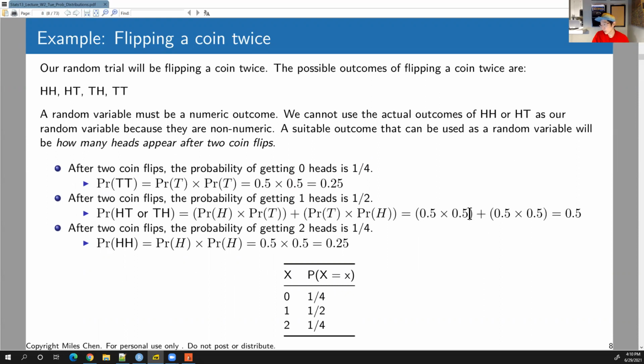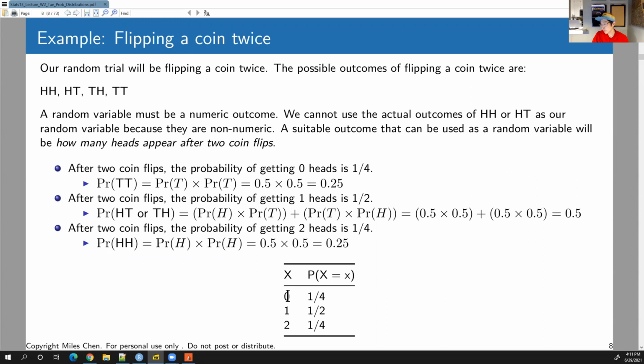Each of those has a probability of 0.5 times 0.5. So I'm going to add the probability of heads, tails with the probability of tails, heads. Those 2 things add up to 0.5 or 1/2. And lastly, the probability of getting 2 heads, following the same logic and method, we would get a probability of 1/4 as well.